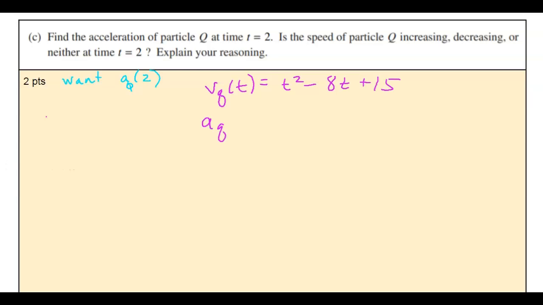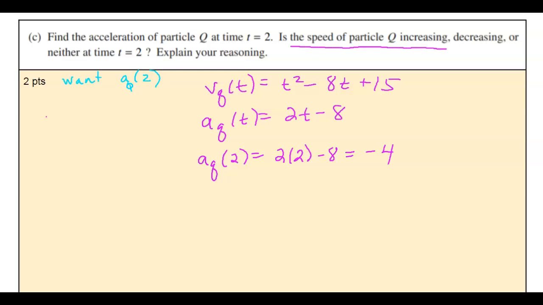So acceleration of Q is the derivative, so 2t minus 8. And we want when t equals 2, so A of Q of 2. 4 minus 8 is negative 4. Okay, so that's A of 2.